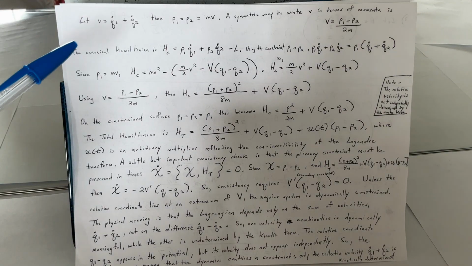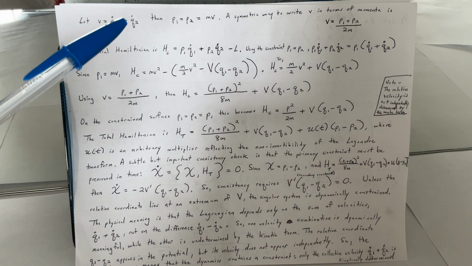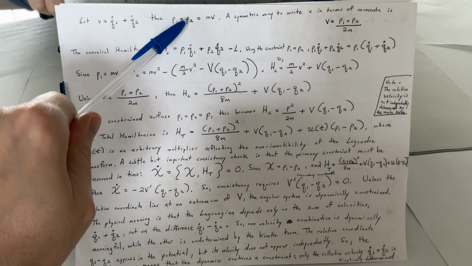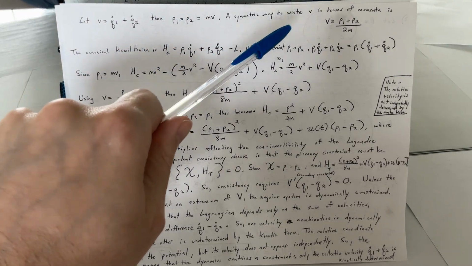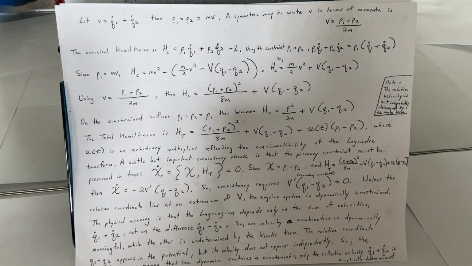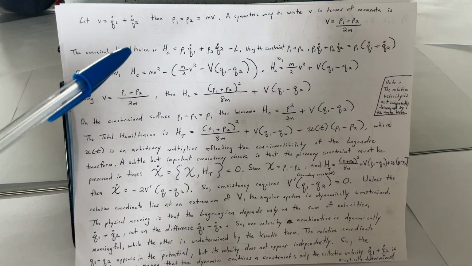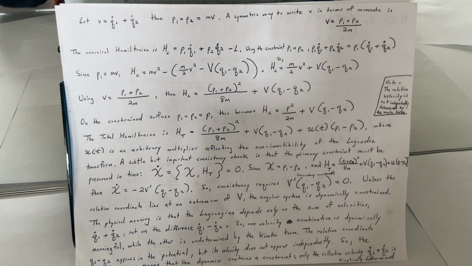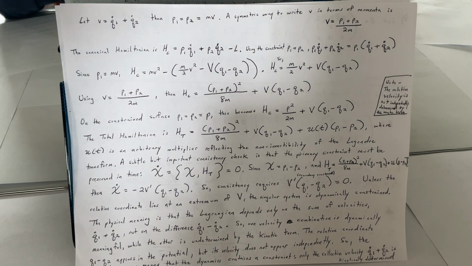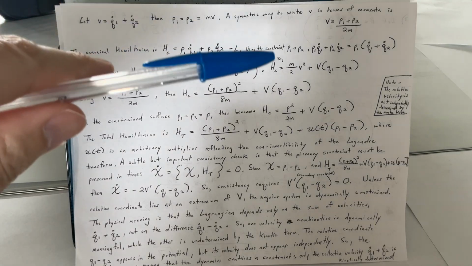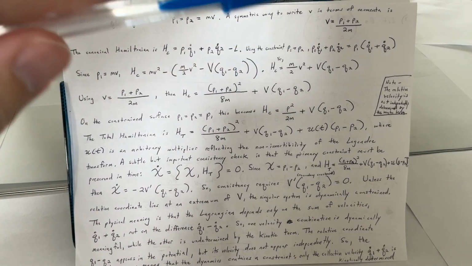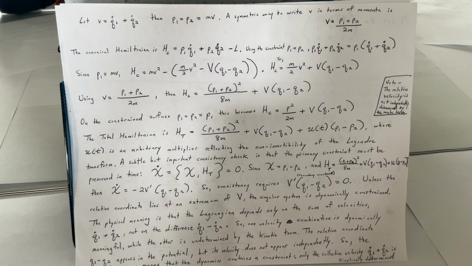So here, let v equal q1 dot plus q2 dot, and then p1 equals p2 equals mv. A symmetric way to write v in terms of momenta is v equals p1 plus p2 over 2m. The canonical Hamiltonian is H_c equals p1 q1 dot plus p2 q2 dot minus L. And using the constraint p1 equals p2, p1 q1 dot plus p2 q2 dot equals p1 times the quantity q1 dot plus q2 dot.